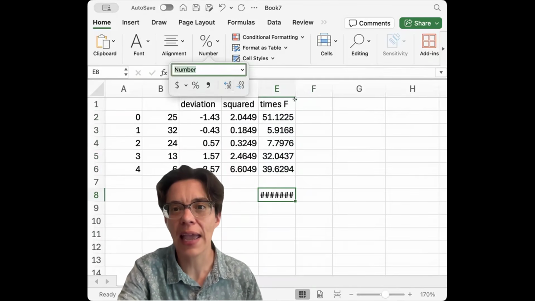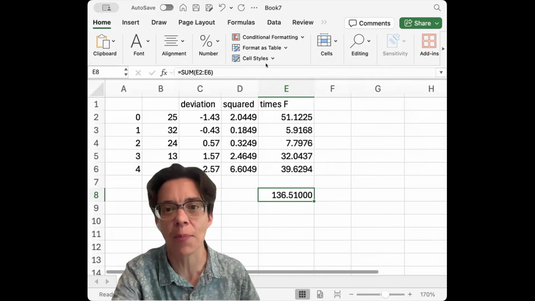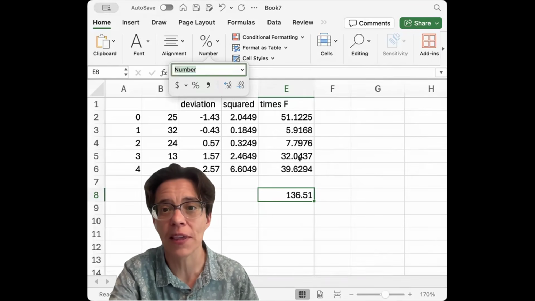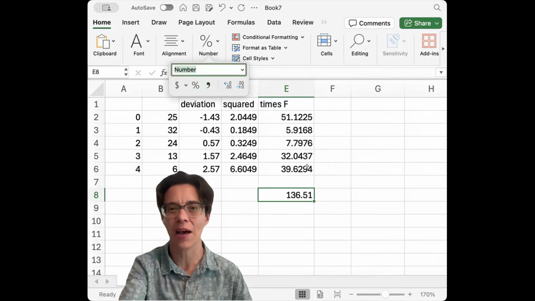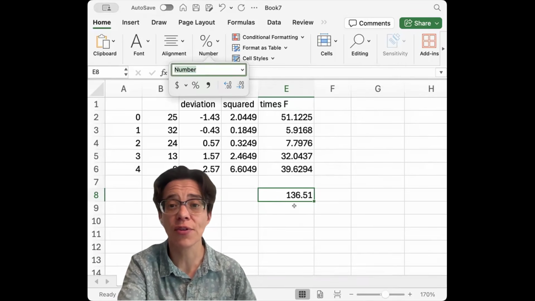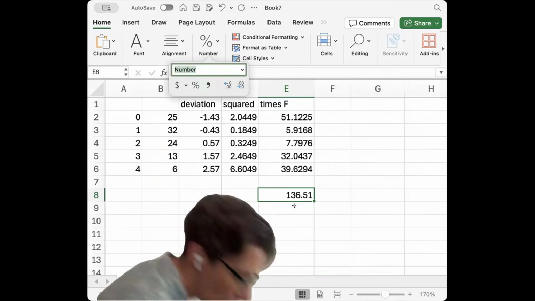If I keep expanding it, it just adds zeros onto the end. That means it actually stops at the 5, 1, even though these numbers up here don't. That's because some of these have a complementary effect and cancel out some of the little trailing ends here. Anyway, you get 136.51 as your sum of squares.